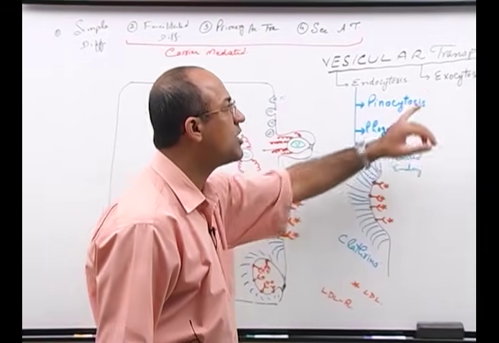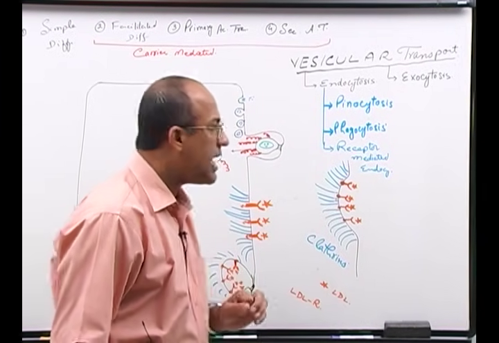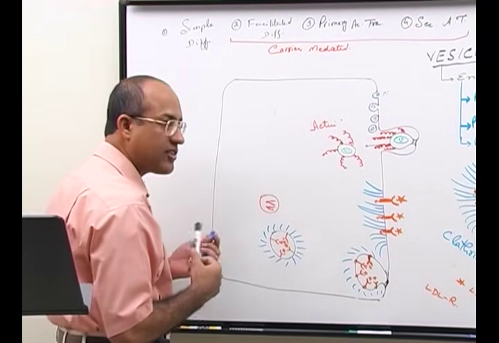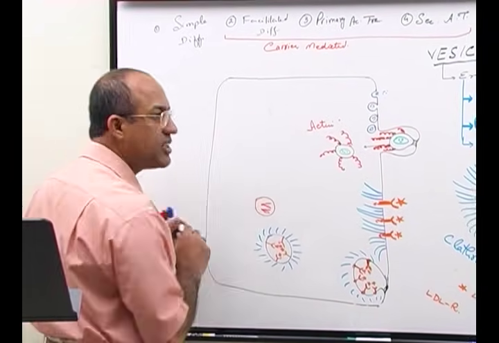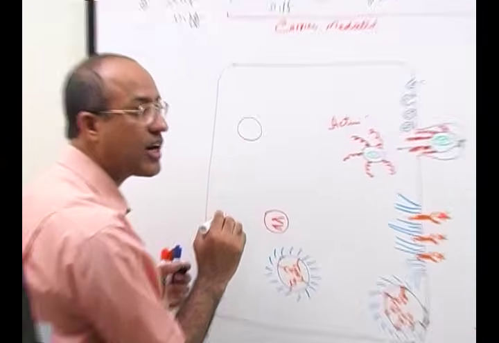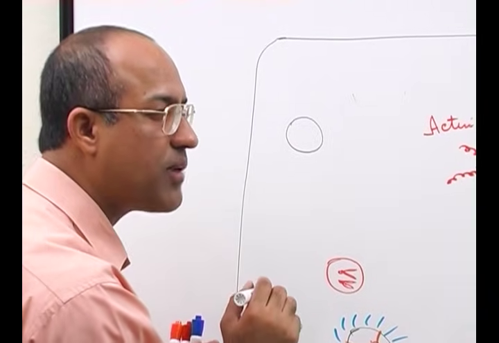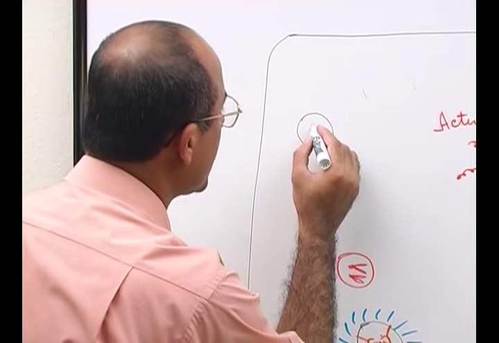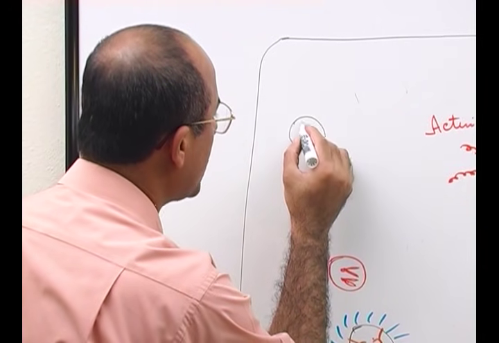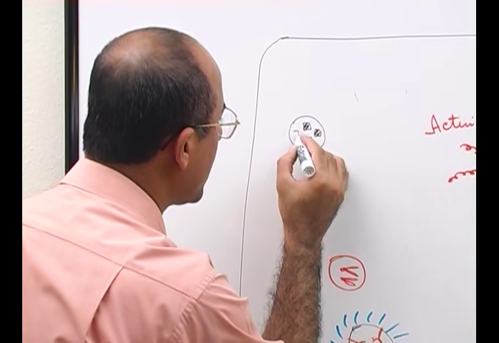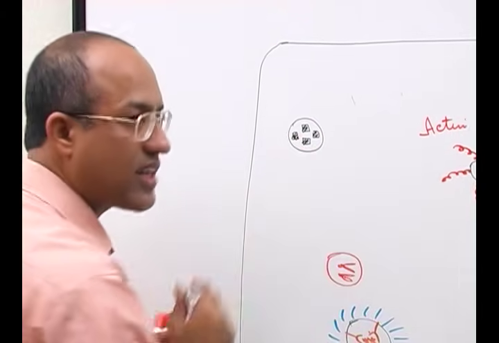Now, a few words about exocytosis. Exocytosis is displayed when a cell has synthesized and stored a substance within a vesicle. Let us suppose this cell has synthesized a hormone. Beta cell of pancreas synthesizes insulin, right? And suppose these are insulin molecules, and these insulin molecules are stored into this vesicle.